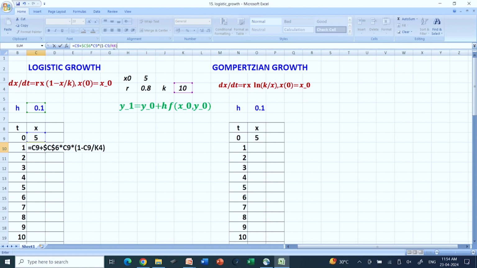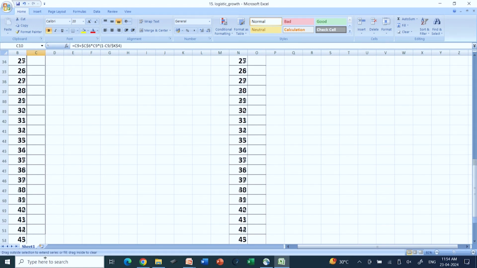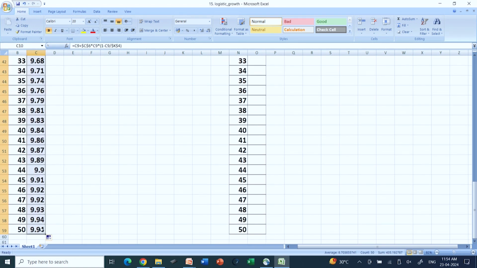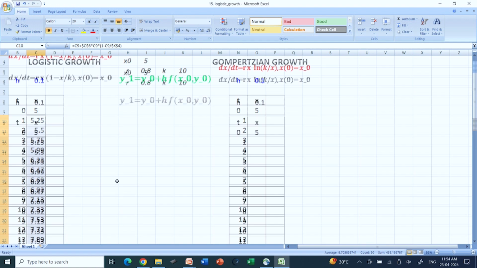And since k is constant, I put a dollar and enter. So I calculate these values up to 50 of them and I get this.